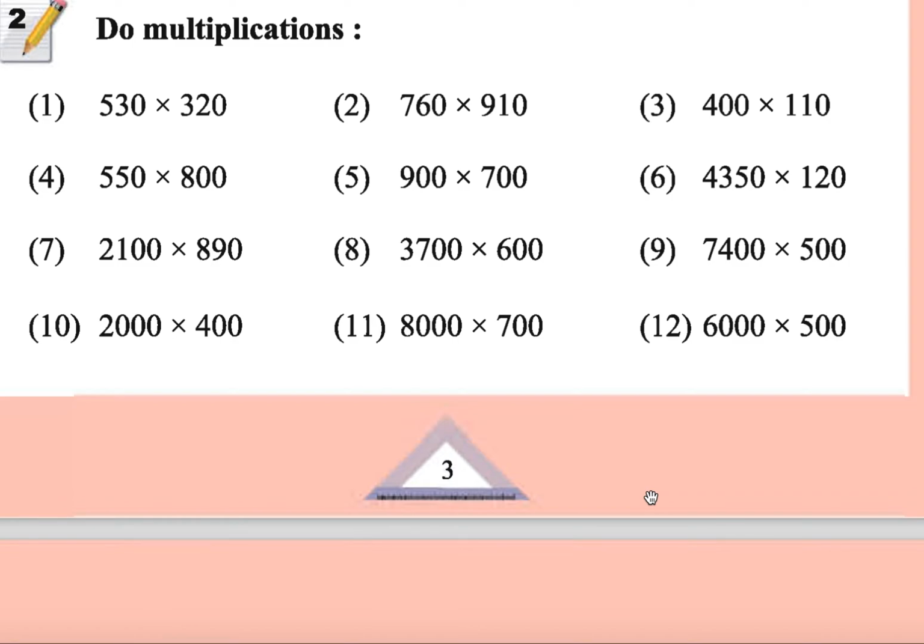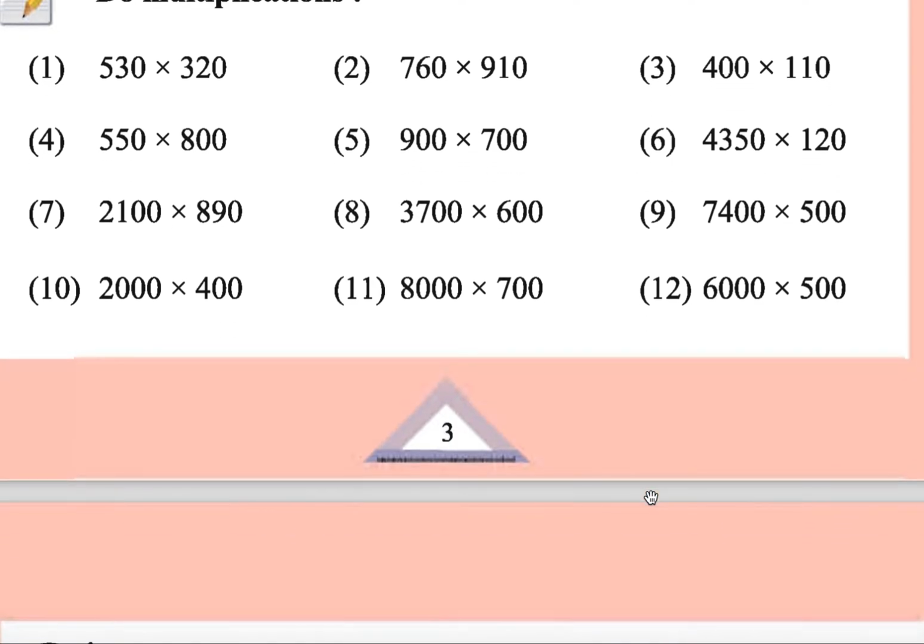One more task is given to us: 530 into 320. You just need to do 53 into 32. You can append two zeros on the rightmost. Then what is 53 into 32? Okay, 53 into 32.